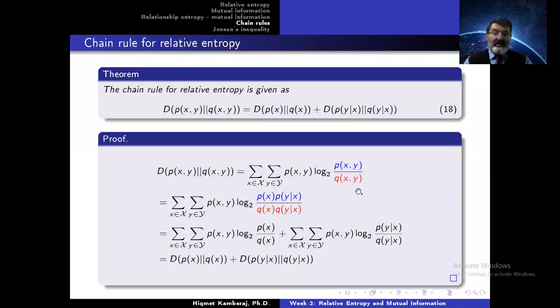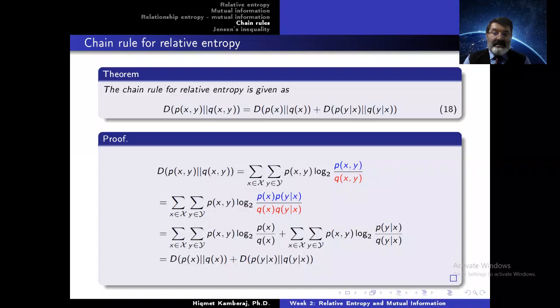Then the joint probability mass function q of x and y can be written as q of x times q of y conditional on x. Then we arrive on the second line: double sum over x and y, p of x and y, log with base 2 of p of x times p of y given x over q of x times q of y given x.